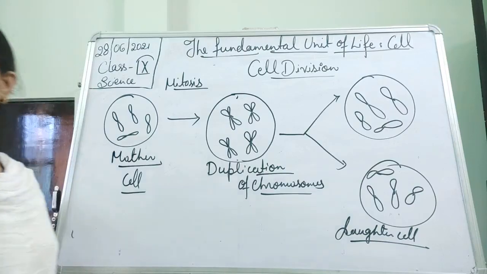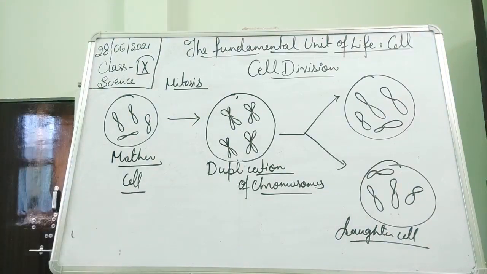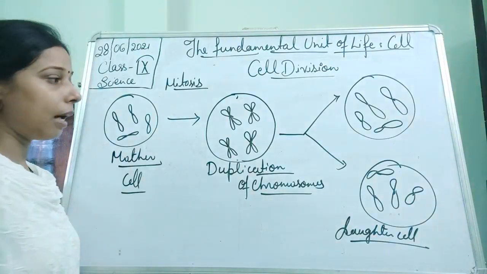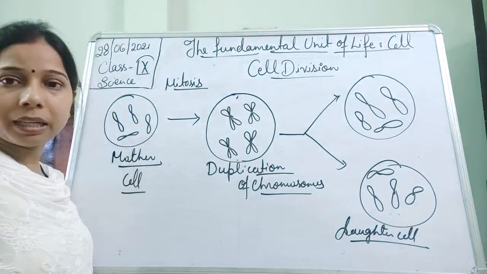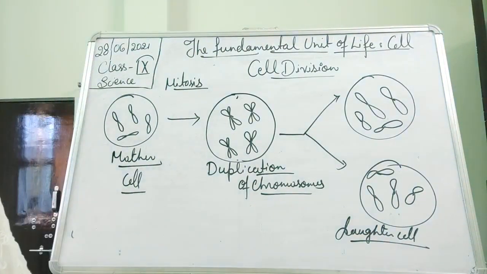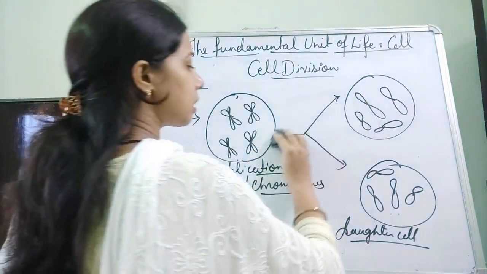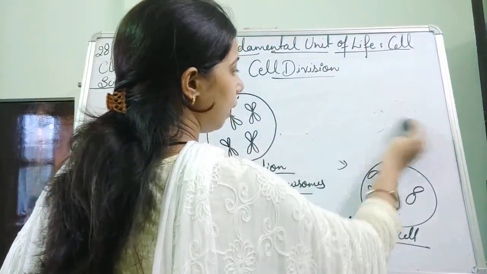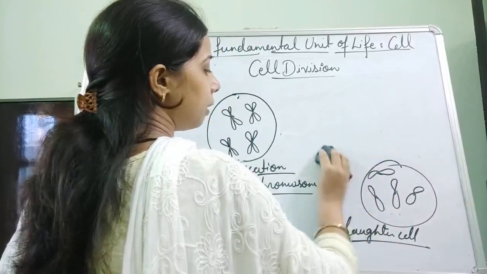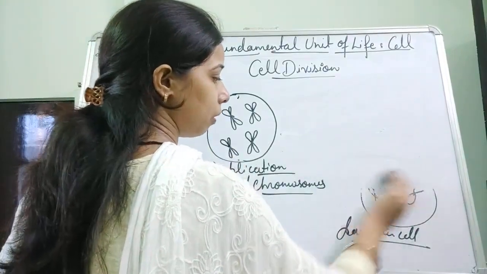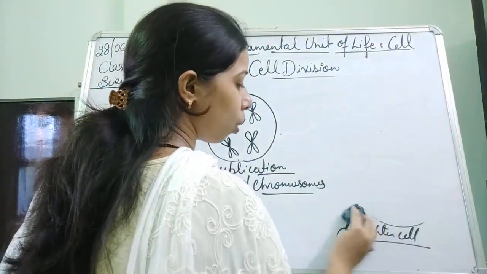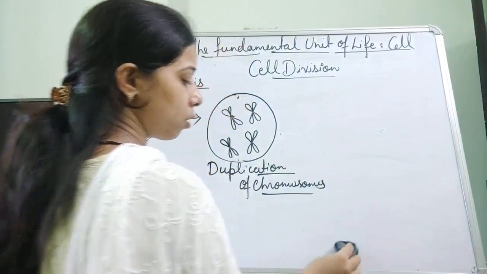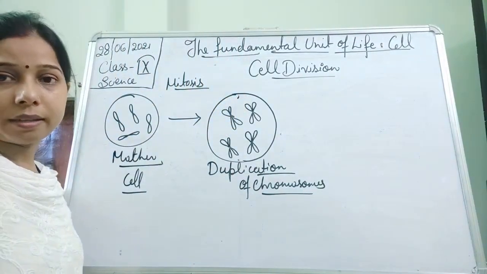In the case of meiosis, the conditions are not like that. Here too there is duplication, students. So duplication occurs, and then I'll show you what happens afterward. Instead of the formation of two daughter cells, four daughter cells are formed.